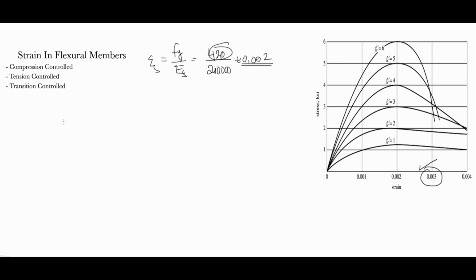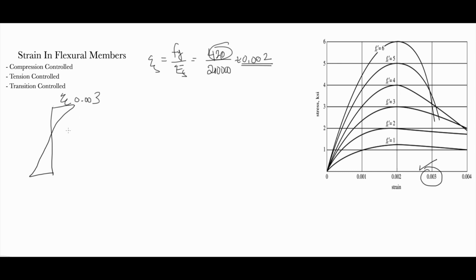Now, coming from this, drawing the strain diagram, we know that the concrete reaches its limit at 0.003, and then the steel depends on which stage it is. Is it yielded? Is it before yielding? So here it is 0.003, that's the concrete.